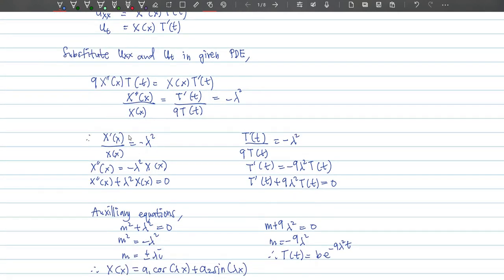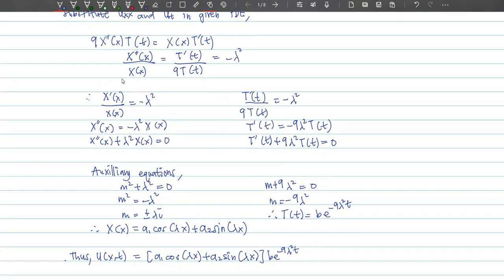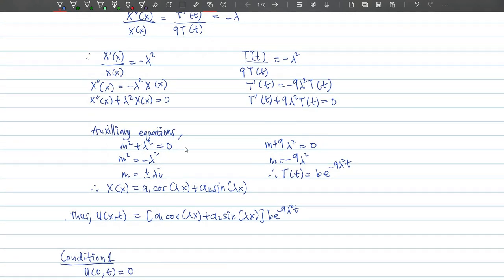Next we separate the variables and find the functions for X and T. Here X double prime(x) is equal to negative lambda squared X(x). Using the auxiliary or characteristic equation, we have m squared plus lambda squared equal to 0, where m is equal to plus minus lambda i. Therefore, X(x) is equal to A1 cos lambda x plus A2 sin lambda x.